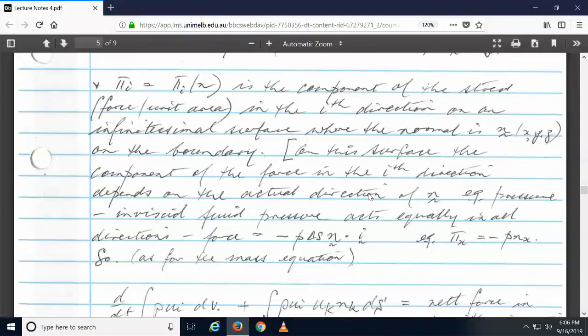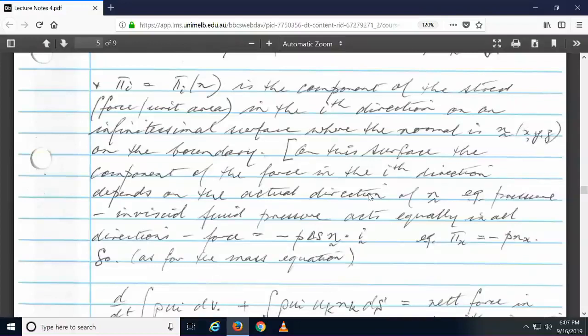For example, let's take the pressure. The pressure, for an inviscid fluid, acts equally in all directions. And so the force in an inviscid fluid, so now let me make sure you understand this. So here's a little force. So what's the force on the fluid?